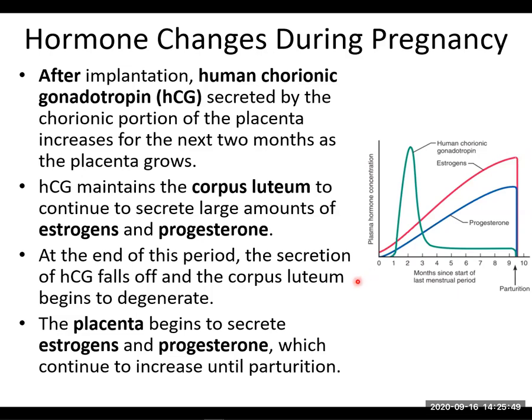Now, following what we just said, the HCG provided by the placenta increases to keep the corpus luteum available. However, its production is not permanent. It will end at about 2 months. So we see HCG in the early 2 months, then it drops.